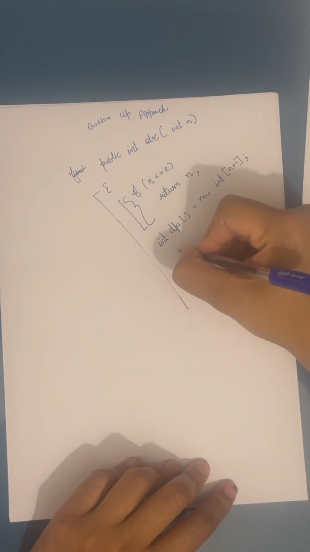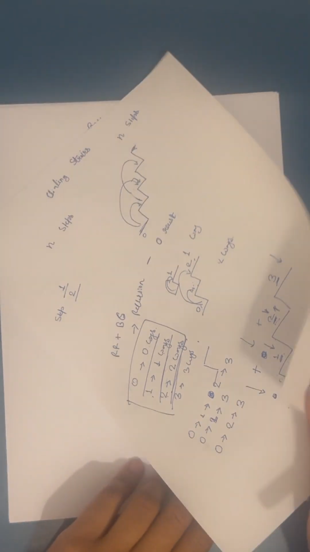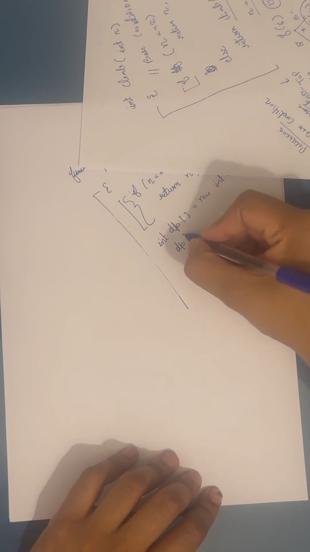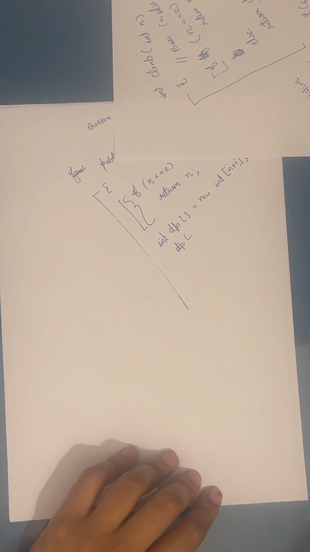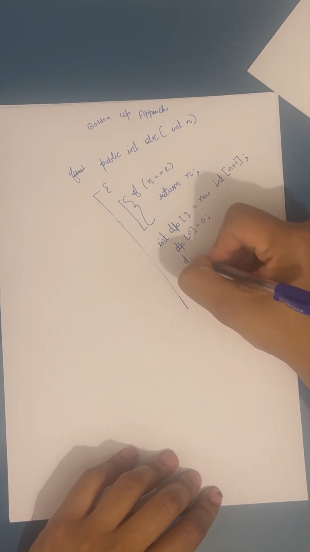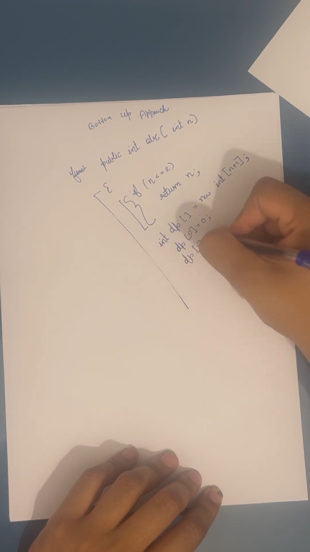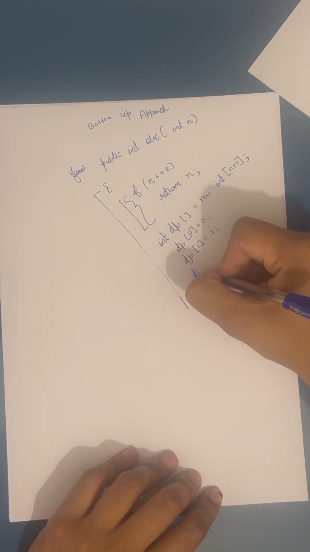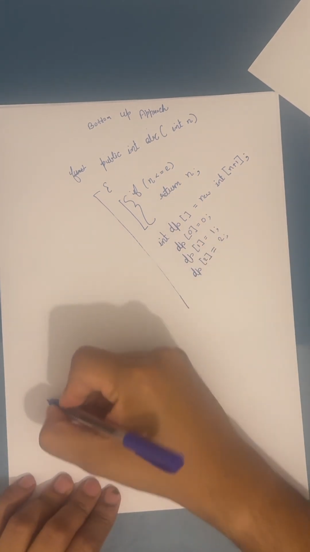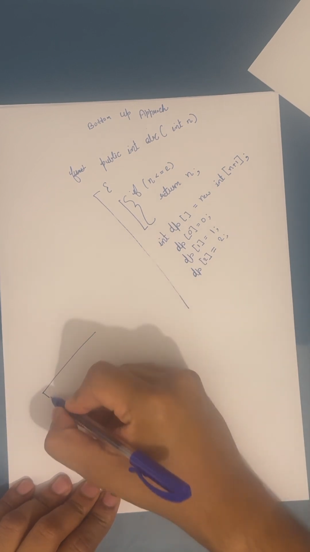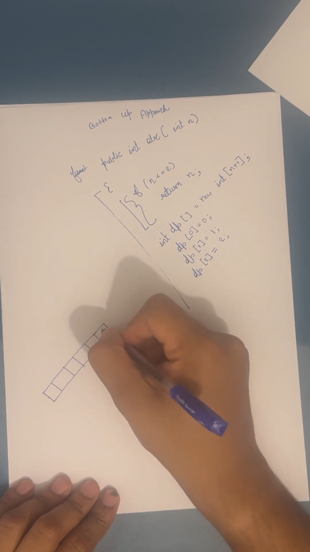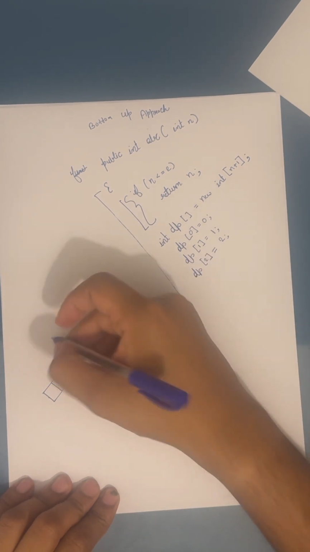You know all the base conditions from this: for 0 we have 0, for 1 we have 1, for 2 we have 2. So dp of 0 equals 0, dp of 1 equals 1, dp of 2 equals 2. Whatever your array is, this is a 1D array.